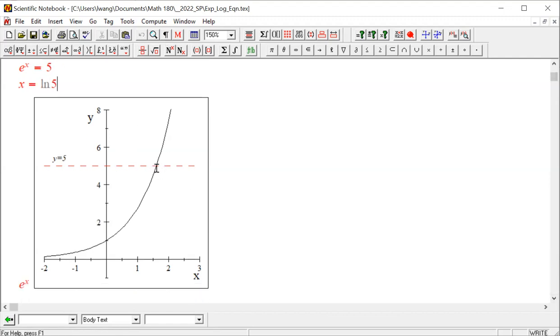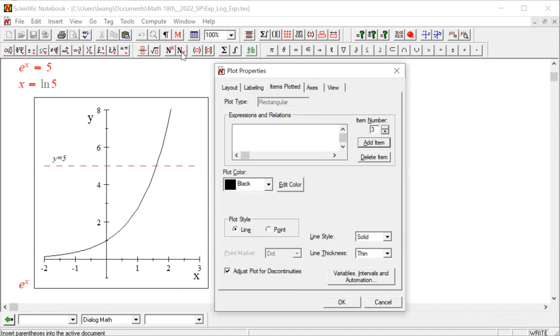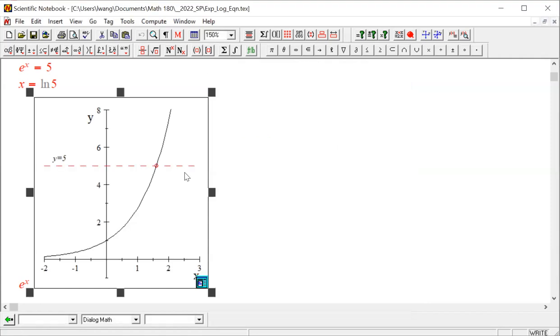Okay, so this point is ln 5, comma 5. That's the red circle. And beyond that, the solution, which are the inputs, will make the output larger than 5.